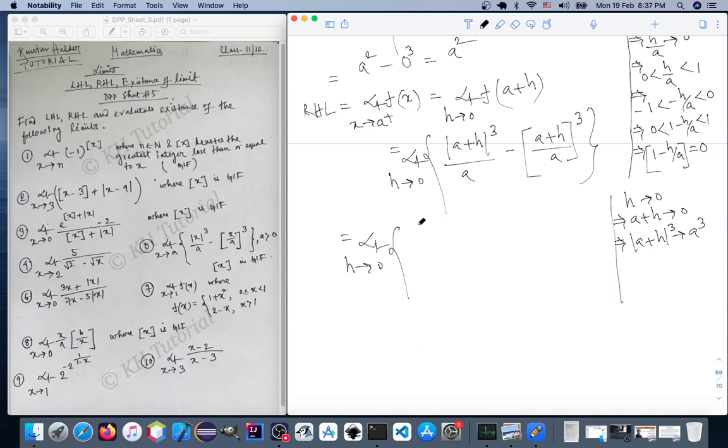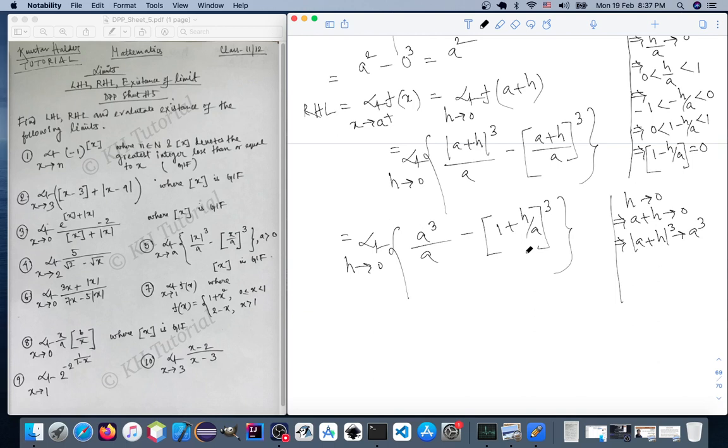So this is a cube by a minus, over here we have 1 plus h by a cube.